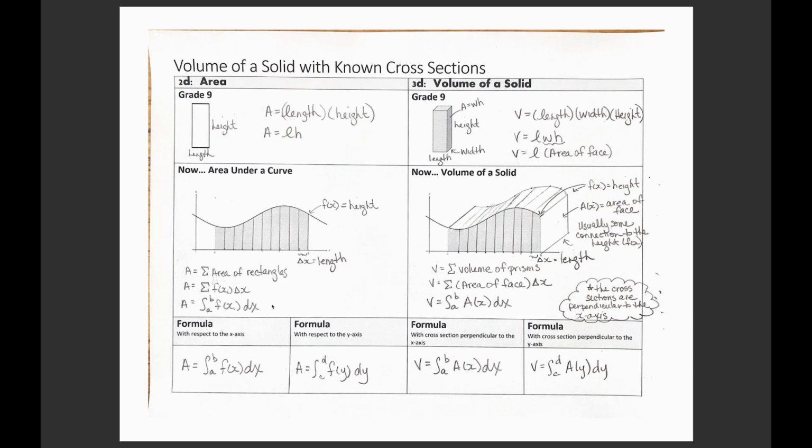Okay, so we took something that was two-dimensional, our integral to find the area under the curve in 2 dimensions, and made it 3 dimensions by connecting your f of x to an actual area of a surface or of a cross-section of that solid. Just like we had formulas for area under a curve using our integrals, we can do the same thing with volume.